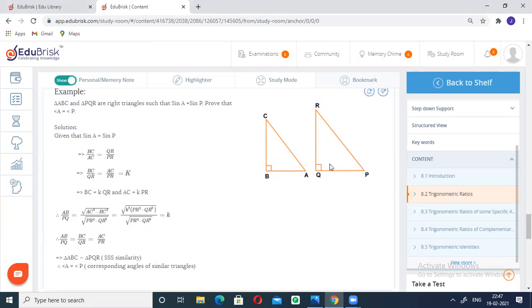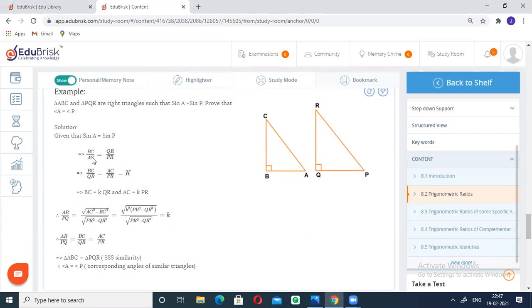Here are the two right triangles. It is given that sine A is equal to sine P. Now sine of A is the opposite side, that is BC, divided by the hypotenuse, that is AC. So BC by AC is equal to sine P, that is QR divided by PR.